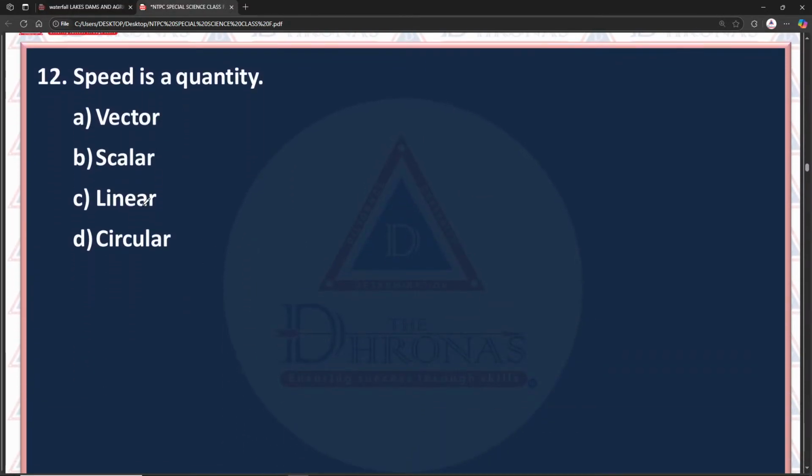Speed is a quantity. What quantity is speed? Speed is distance by time. Then is it vector? Is it scalar? Is it linear? Is it circular?